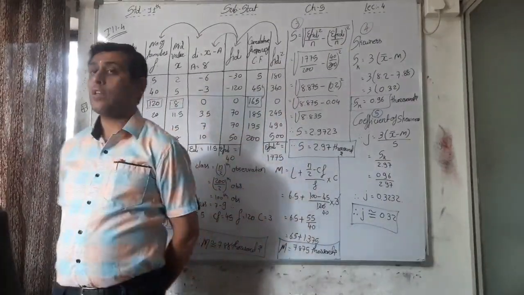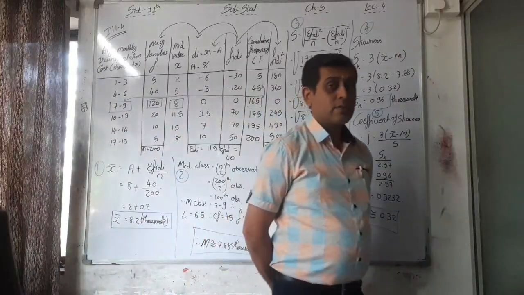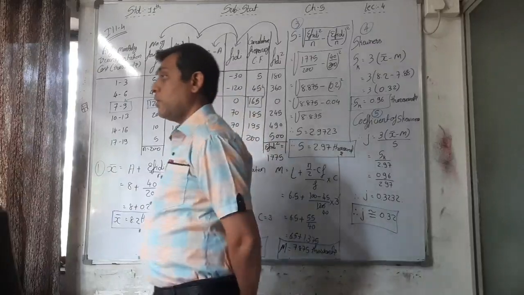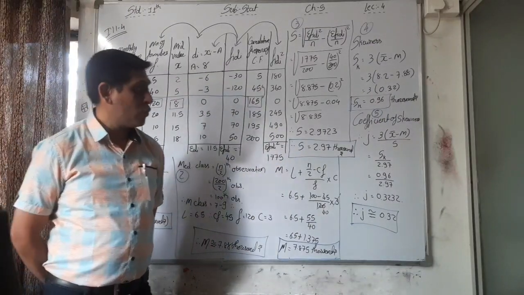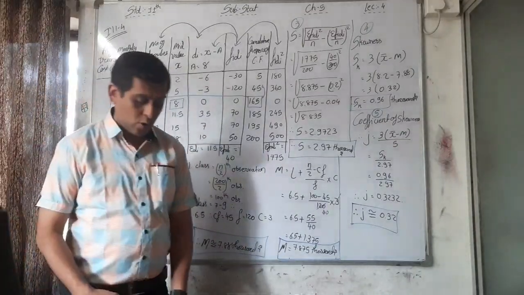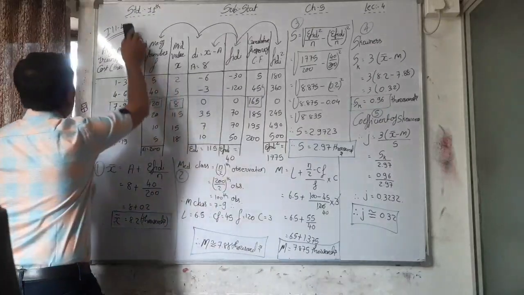Also for that you have to remember all the rules of the Karl Pearson method which we have to use in this chapter. Okay, so I hope you complete this, and if not, then please pause the video and complete the sum.